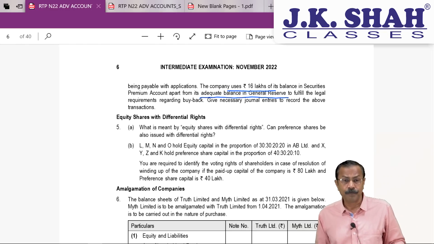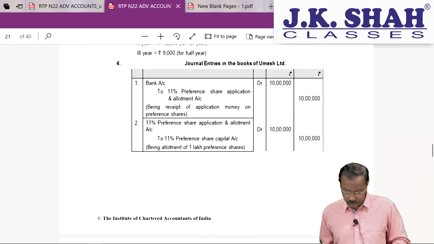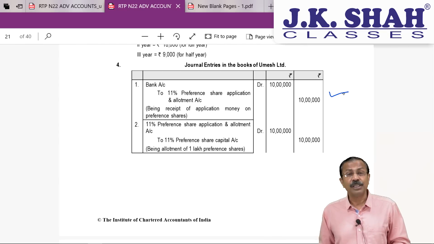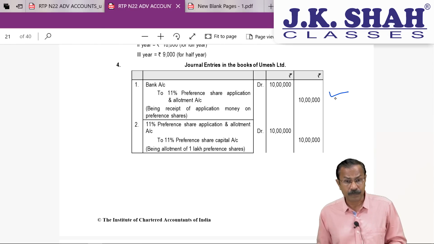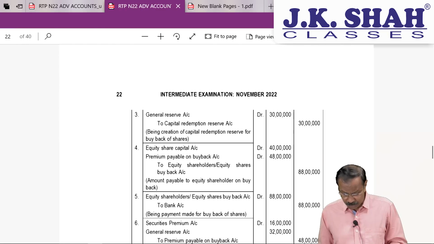Adequate balance. Give journal entries. Fresh issue of preference shares, bank account debit to preference share capital 10 lakhs and then transferred. They have passed two separate entries, you can merge it. See, CRR is created of 30 lakhs.